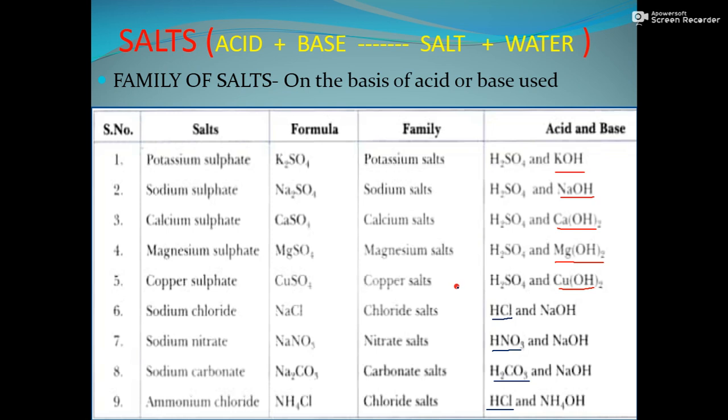And I can also say copper nitrate belongs to the nitrate family on the basis of the acid used. So when we give the name of the family, we have to mention that this name is given on the basis of acid used or on the basis of base used. I think it is clear to you.